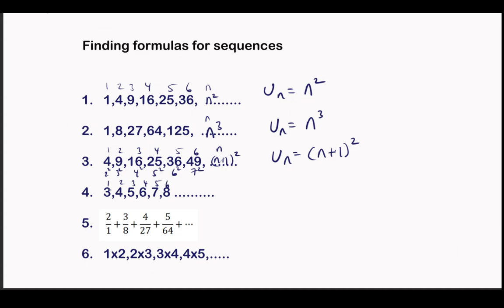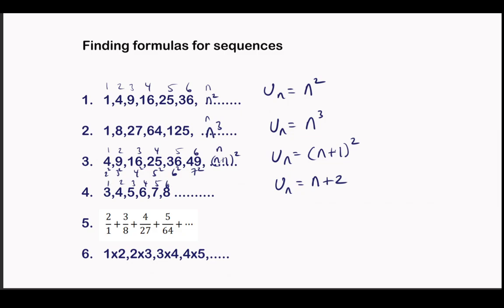So we can see that the numbers are just 2 bigger than these numbers, isn't it? This list 1, 2, 3, 4, 5, 6. If you add 2 to all of these numbers, then it's going to give you the numbers we want. So the formula is just going to be n plus 2. n is just the number of the sequence.